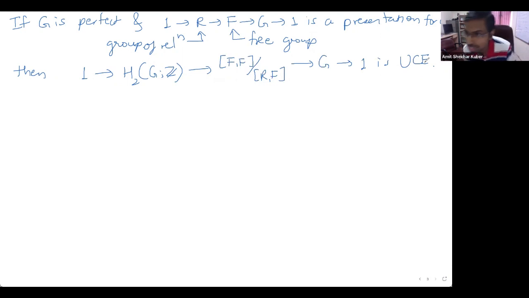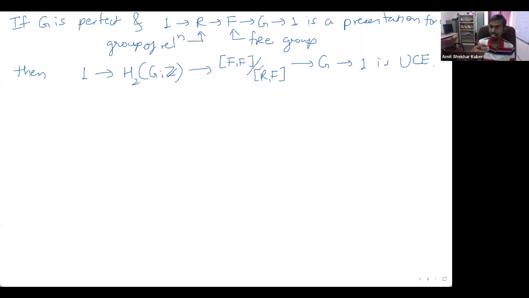This result is one particular form of what it should look like: the commutator of F quotiented out by the commutator between elements of R and F.